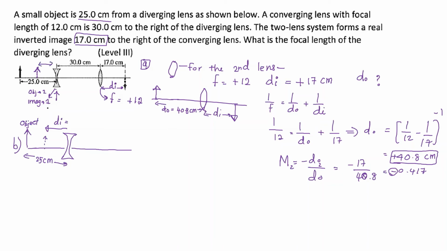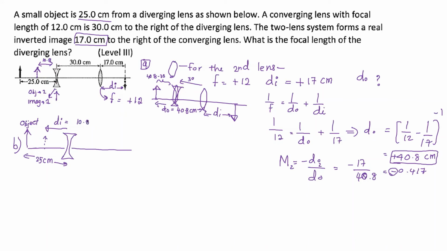What should be this distance? 10.8, right? Because this whole length is 40.8, and you have the diverging lens here at 30. So at 30 you have the diverging lens. Therefore this part should be 40.8 minus 30, which is 10.8.